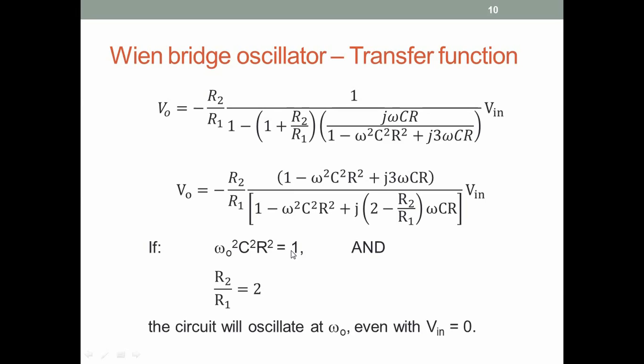That's what happens with Vin equal to 0. If you were to build this circuit in the lab, make Vin equal to 0, that is just ground that node, and turn power on, this circuit will oscillate at the frequency given by 1 by RC. You can try this in the lab and it will work quite nicely.